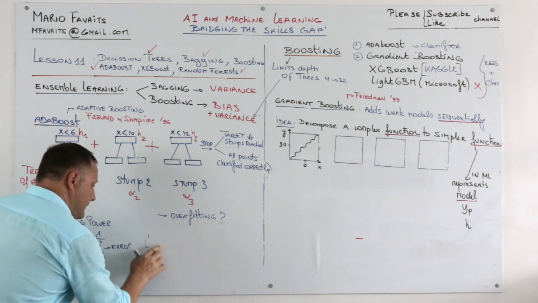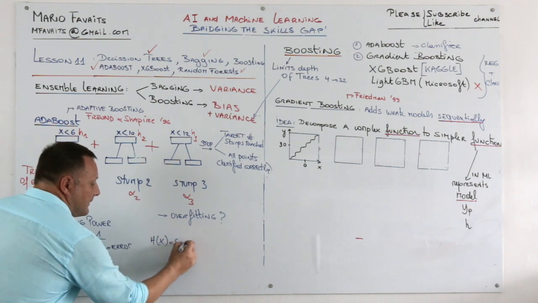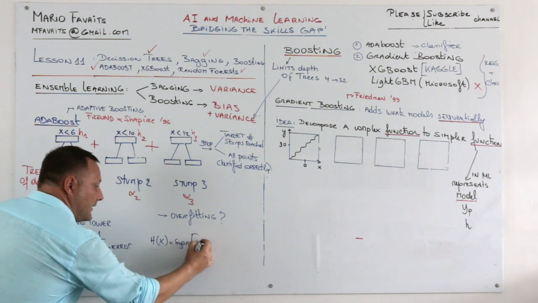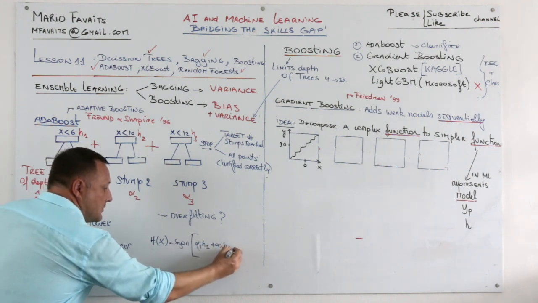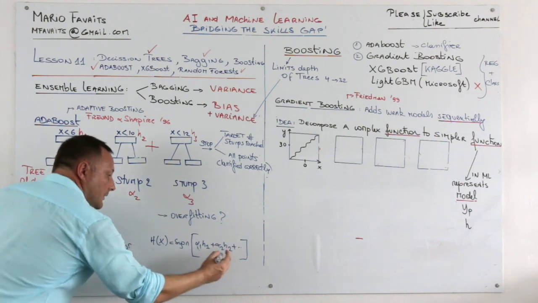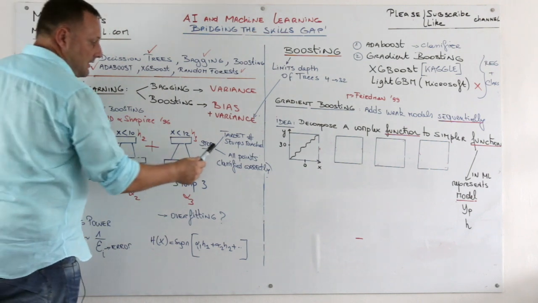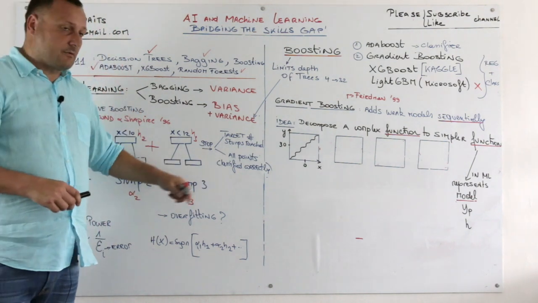Your final classifier h of x is the sign of alpha 1 h1 plus alpha 2 h2 plus, and you go on until you stop. And when do you stop? Well, when you reach your target, or when all points are correctly classified.